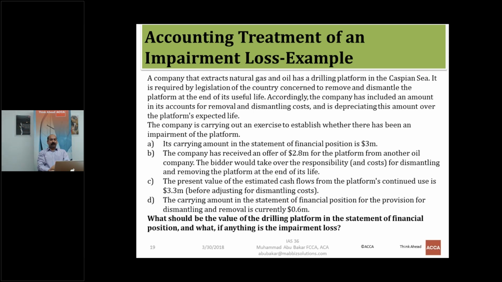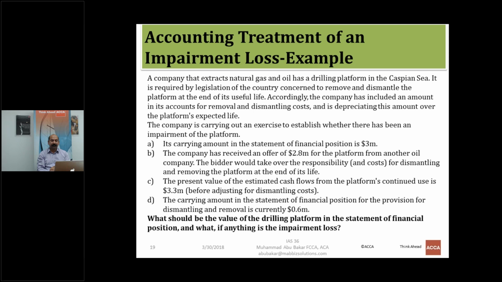Its carrying amount in the statement of financial position is 3 million. The company has received an offer of 2.8 million for the platform from another oil company. The bidder would take over the responsibility and cost for dismantling and removing the platform at the end of its life. The present value of the estimated cash flows from the platform's continued use is 3.3 million before adjusting for dismantling cost.